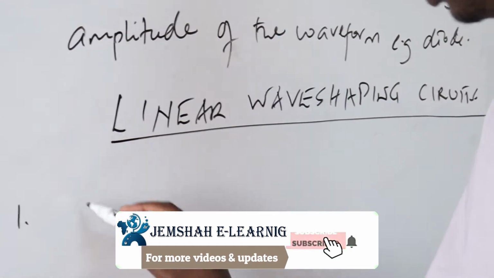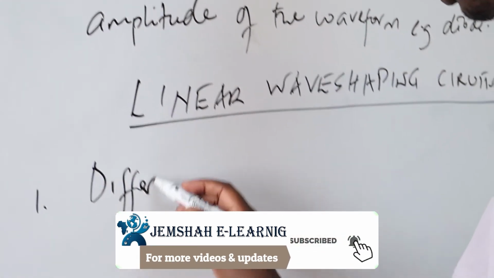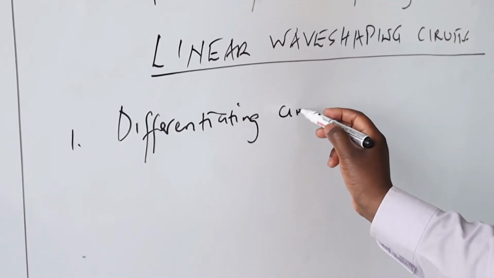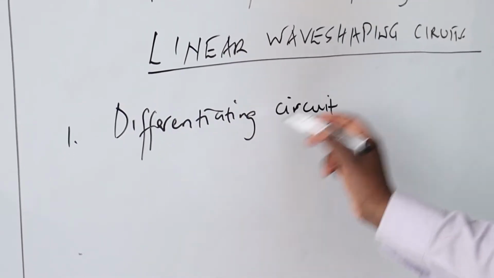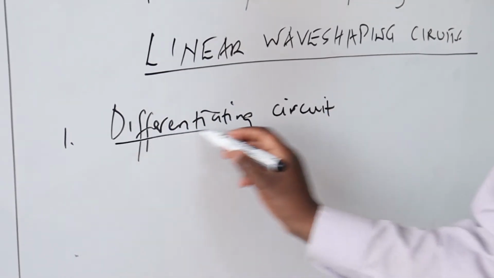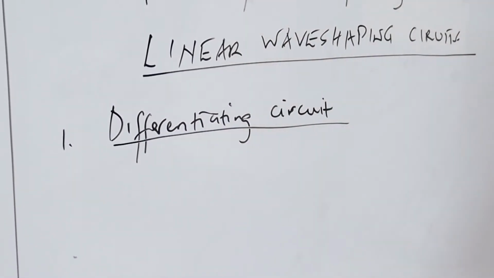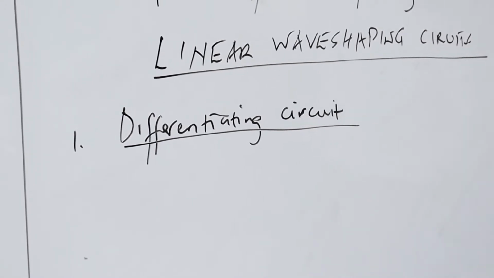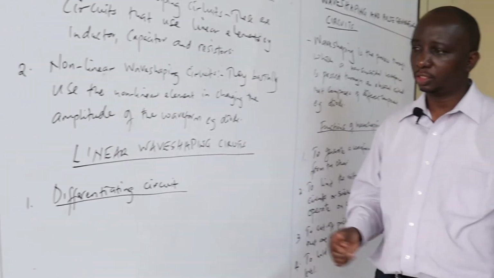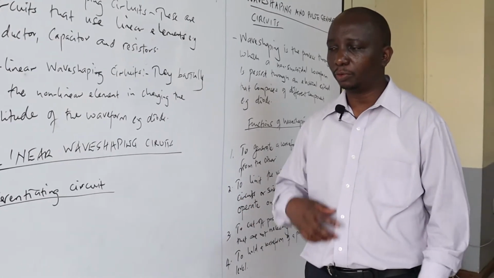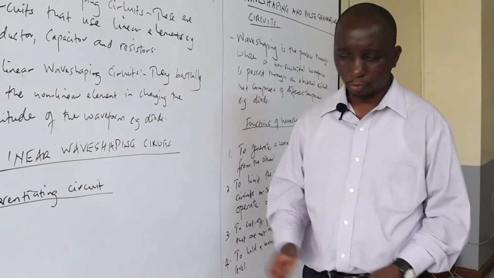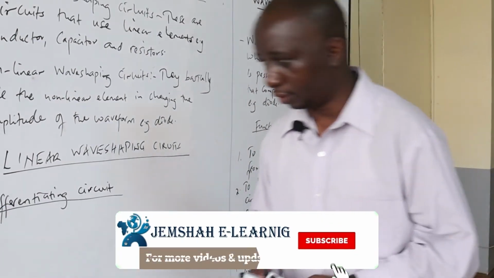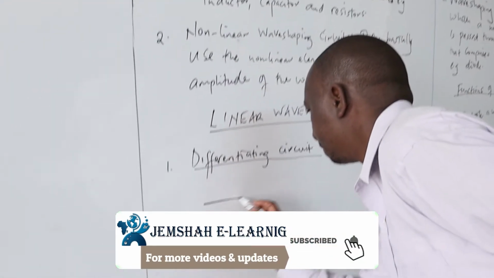The first one is the differentiating circuit. We're going to discuss this with the aid of a diagram, so we can understand it easily and have the figurative circuits that we expect if asked. So I'll draw the diagram here.